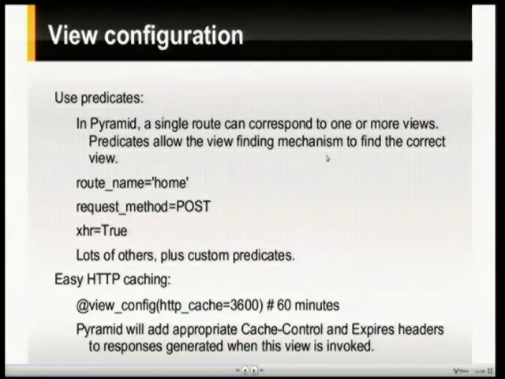Or you can do things like, if there's a request parameter that's called submitted, use this view. So the view code is a lot cleaner because you only have the code for the actual thing that you're going to do, be it a post or a get or whatever. And you don't have to put ifs anywhere in the code.